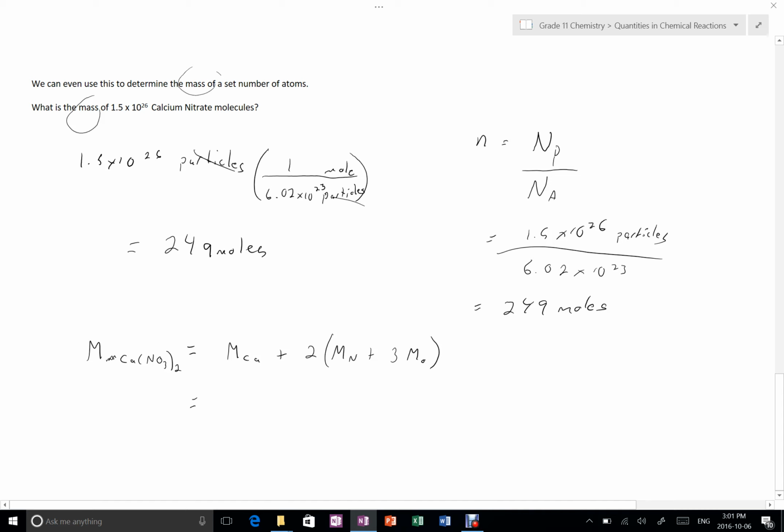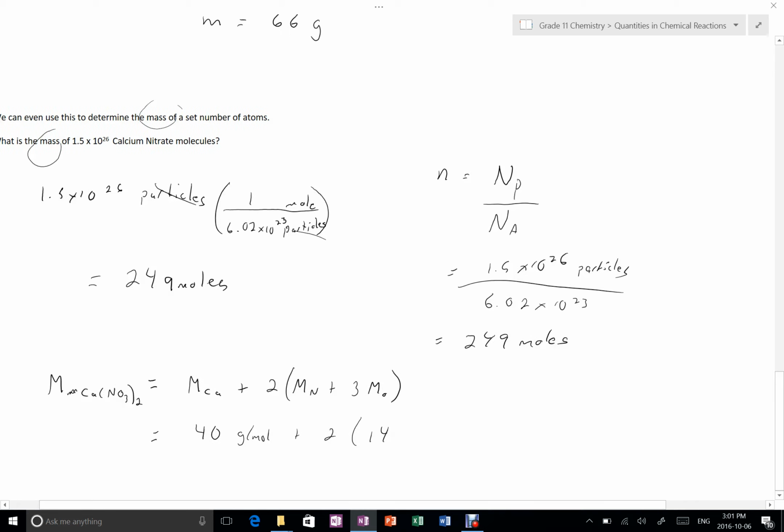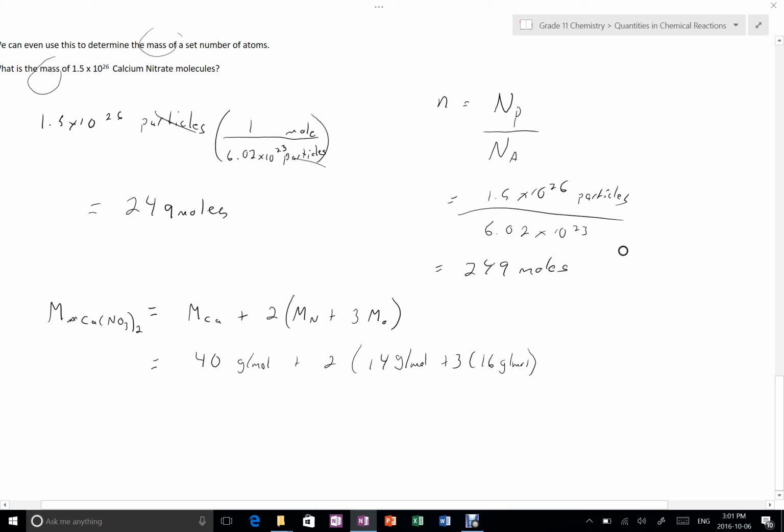Calcium is going to be 40 plus 2 times 14 plus 3 times 16. Doing this all on the calculator here, I got 164 grams per mole.